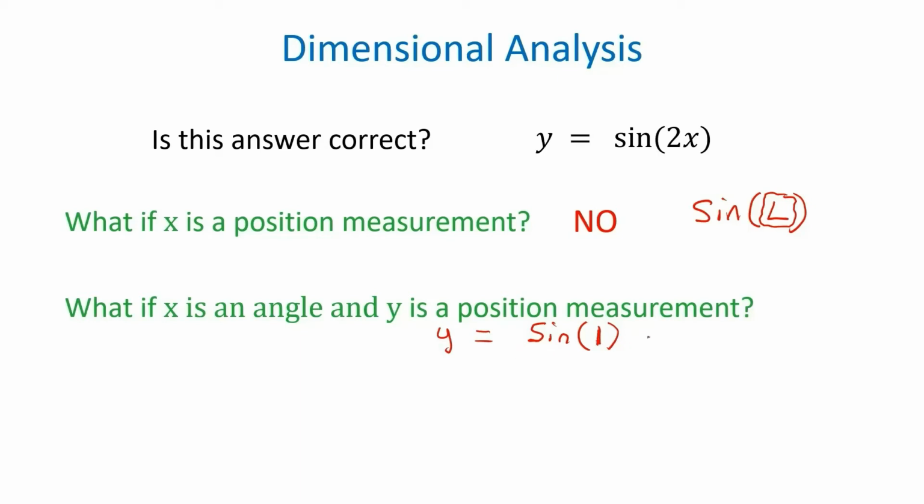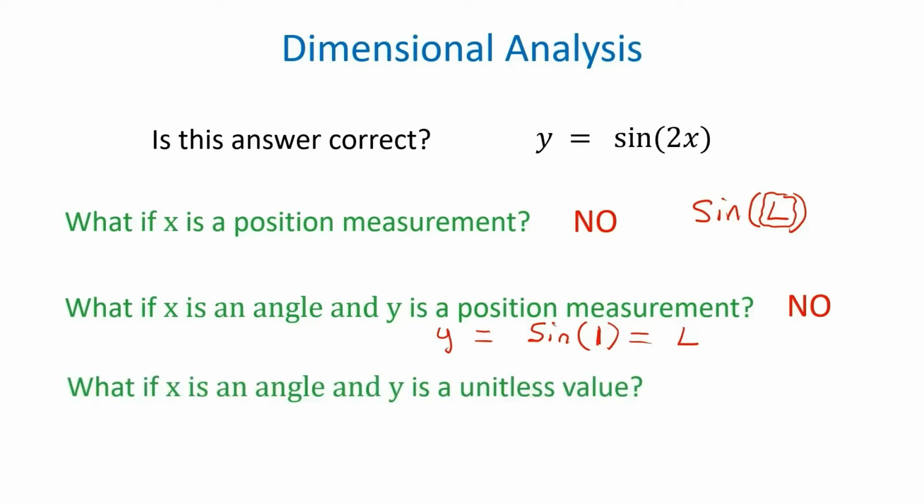Okay, and y is supposed to be a position, so that should give me a dimension of length, but sine by itself is dimensionless. So how can you have a dimensionless value give you a dimension? The answer is you can't. So no, this would not be correct if this was the situation.